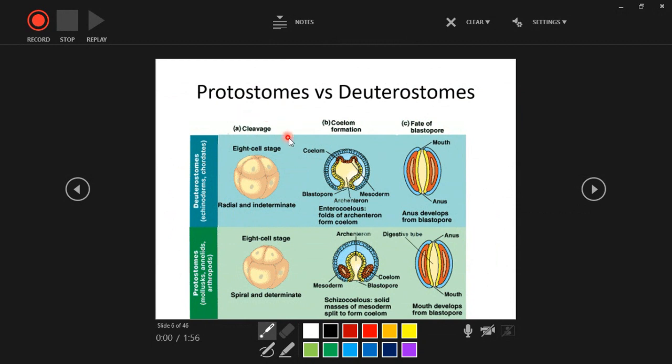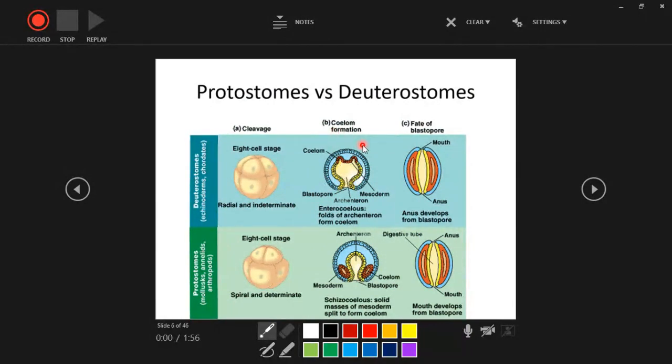In their early cleavage at the 8-cell stage, it is radial and indeterminate, which means each of the early cells can develop into a smaller individual organism, all right? And then we'll look at the difference with the protostomes once I finish with the deuterostomes.